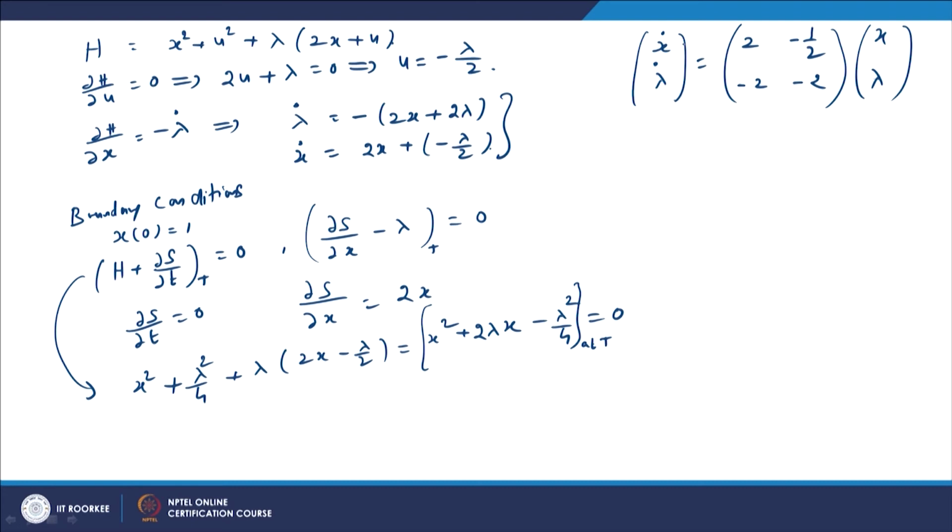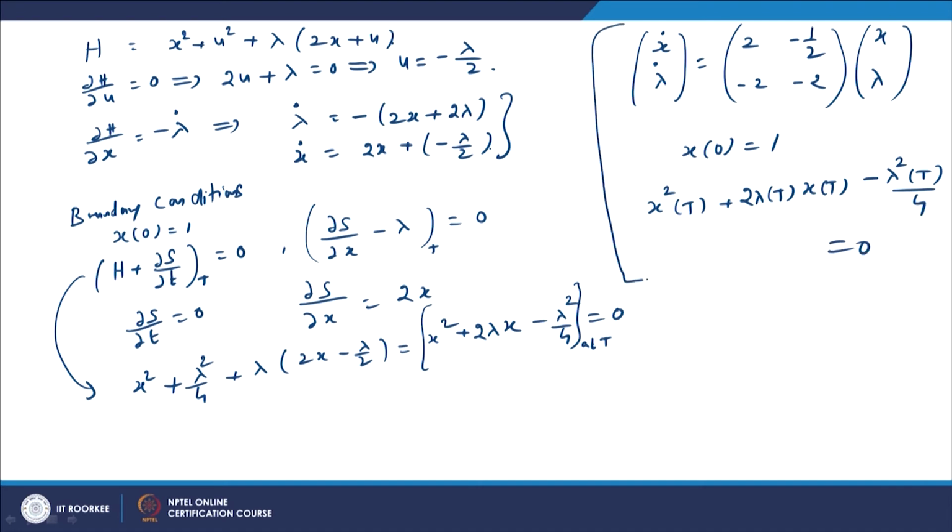This is the coupled equation with the condition x of 0 equal to 1 and the condition x square T plus 2 lambda T x of T minus lambda square T by 4 equal to 0. This is to be solved.